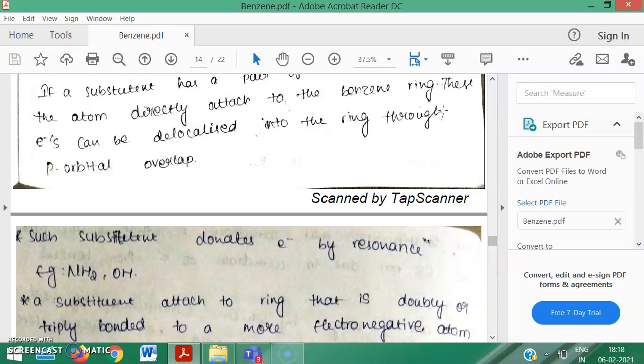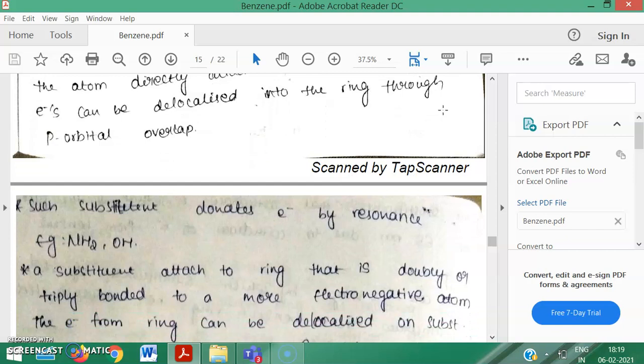That lone pair is given to the benzene ring by double bond formation, not by single bond. When electrons are donated to the benzene ring by double bond formation through p orbital overlap, it is called the resonance effect. Electrons donated through a single bond is called the inductive effect.